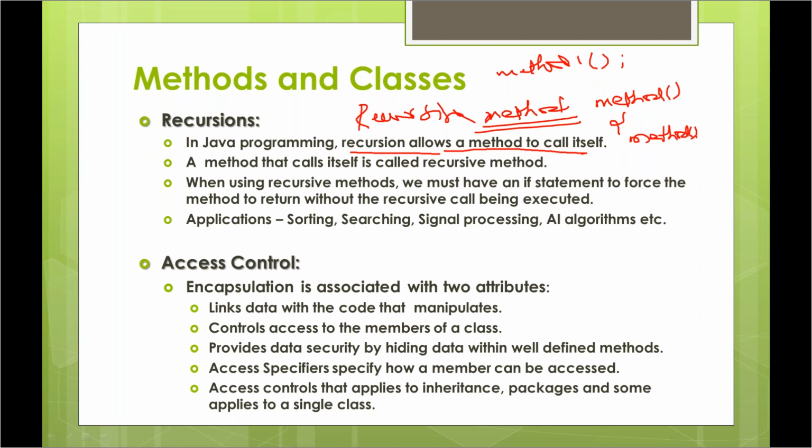This condition fails: n is not equal to 1, so it comes here, and it computes 2 multiplied by factorial of n minus 1, that is, 2 into factorial of 2 minus 1, which is factorial of 1.